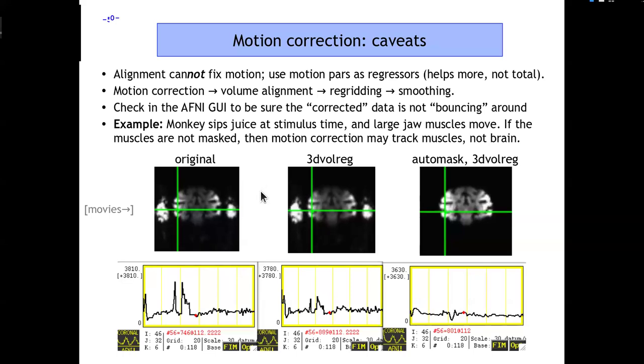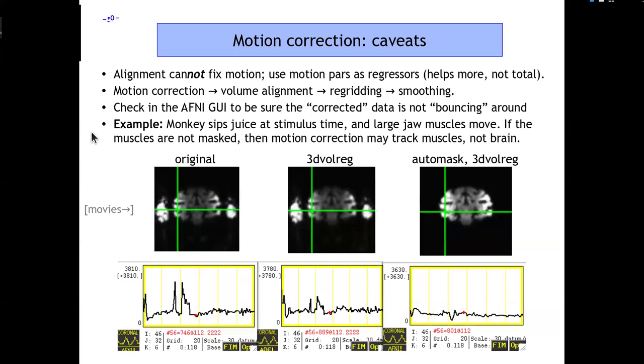You should use AFNI. The point is that 3dvolreg ran on everything in the field of view, including the non-brain stuff. And macaques have very large jaw muscles that move around. And so this whole thing was aligned over time. If we mask out the brain and remove these jaw muscles and the non-brain parts, then look at the job that 3dvolreg did, you can see that there's very little motion here, and some of the bumps and wiggles went away.